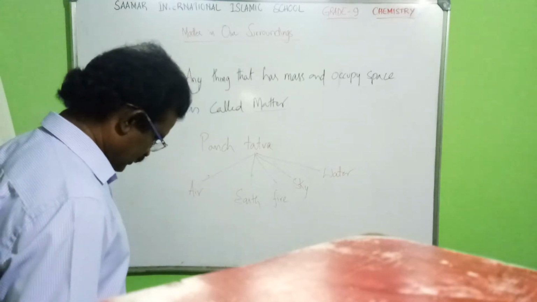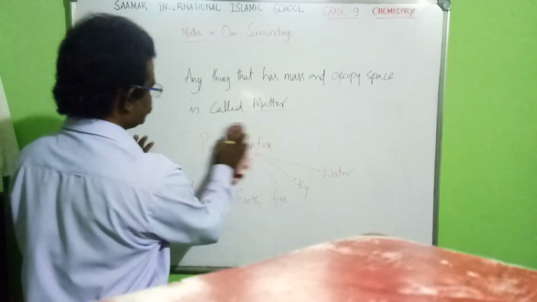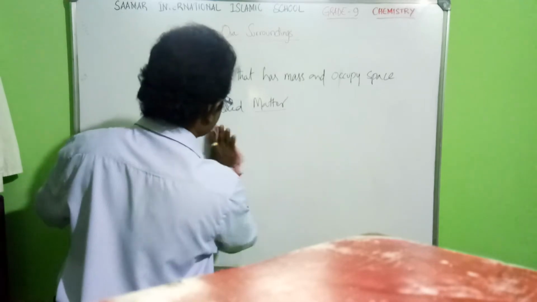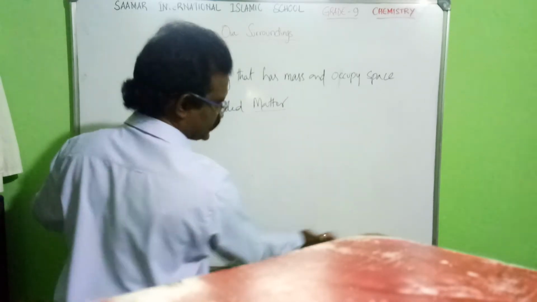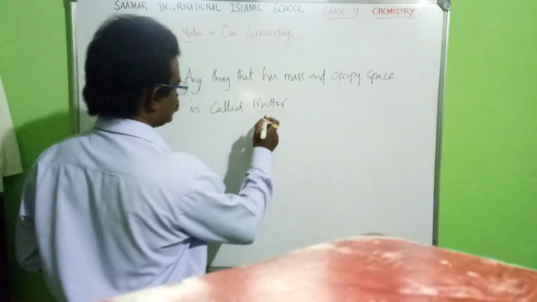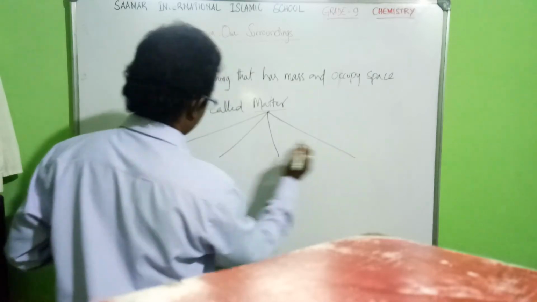Now, as we know, matter is divided into 3 main divisions. Actually 4 it is. I will show you the 4th one also, but only 3 are required for you. Now what is that?